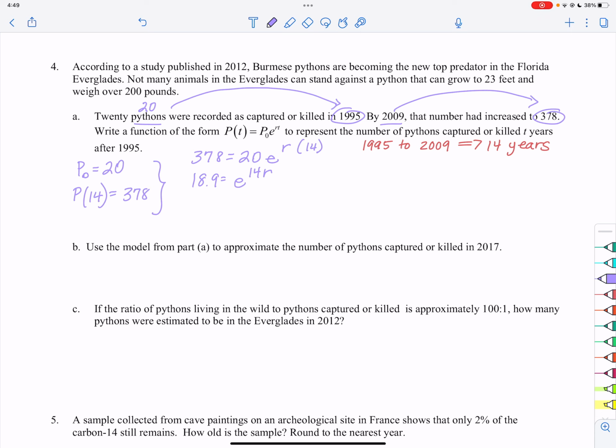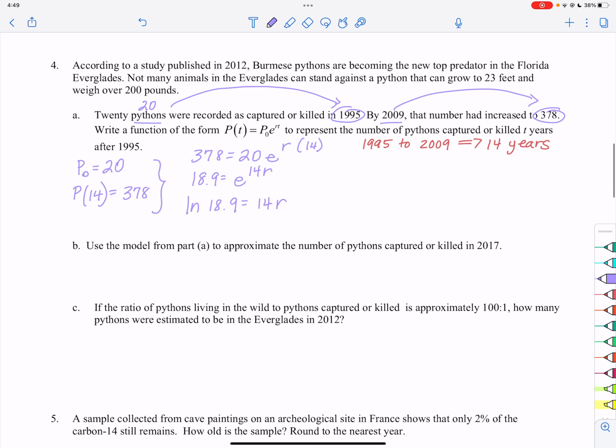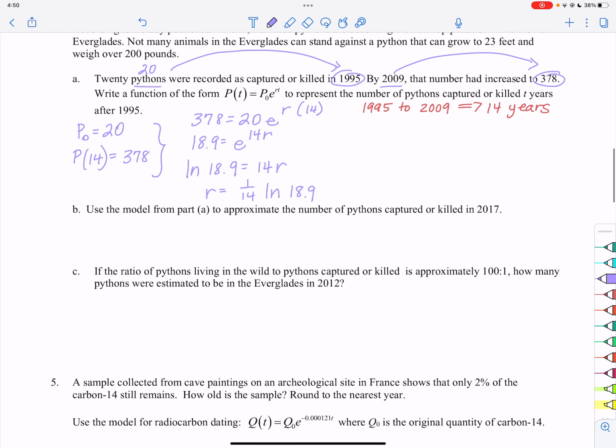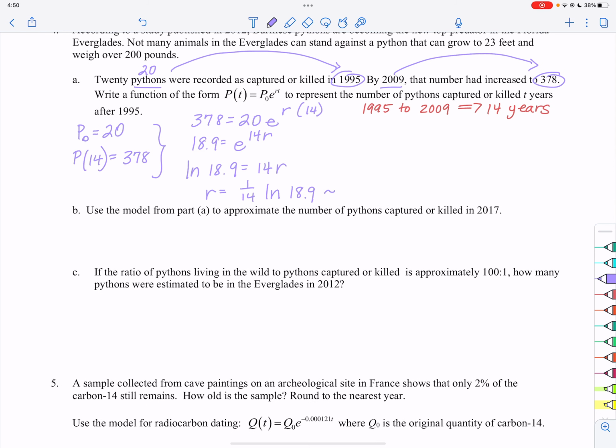And now if we go into logarithmic form, we will have the natural log of 18.9 equals 14r. And so we have r is equal to 1/14 times the natural log of 18.9. And you'll come up with approximately 0.21.